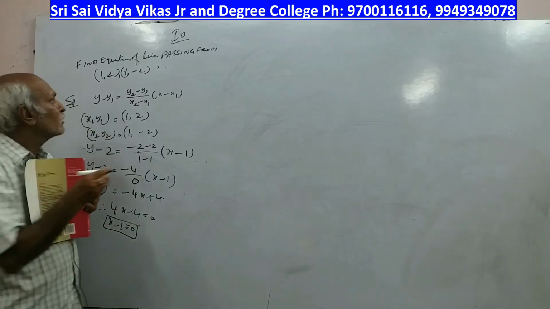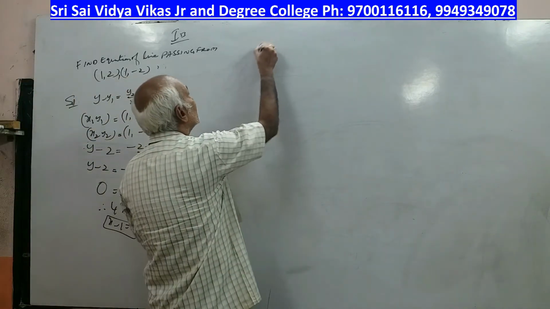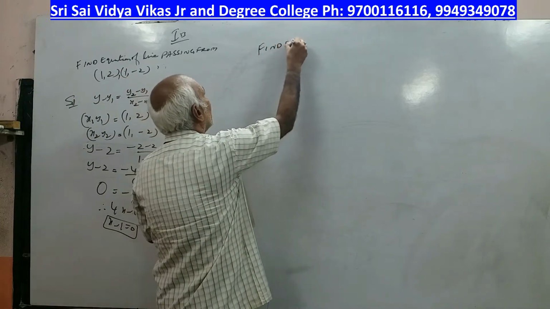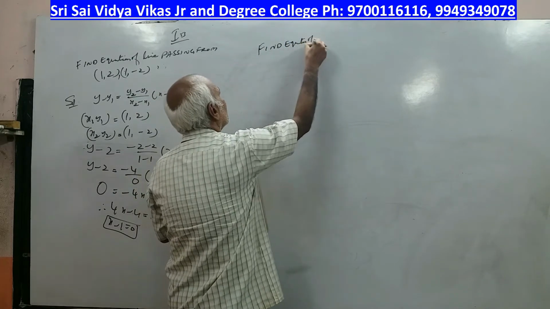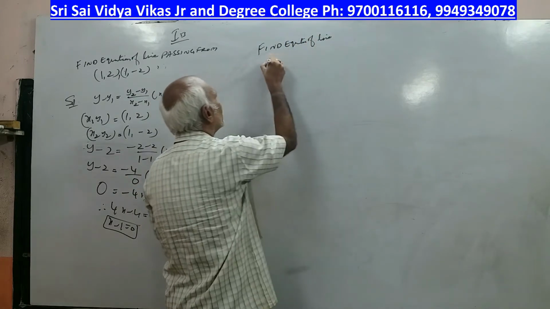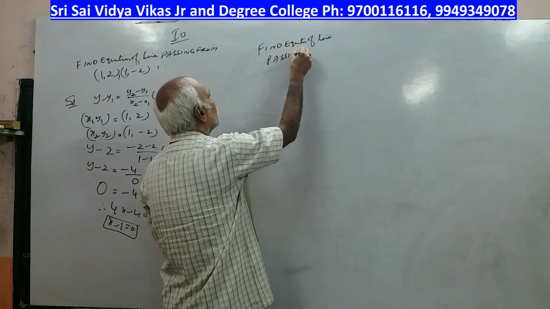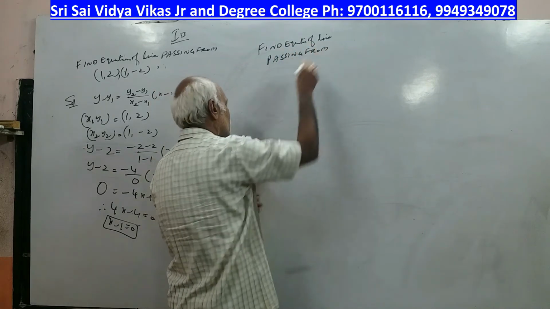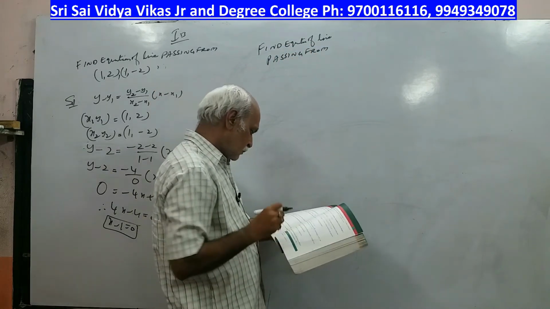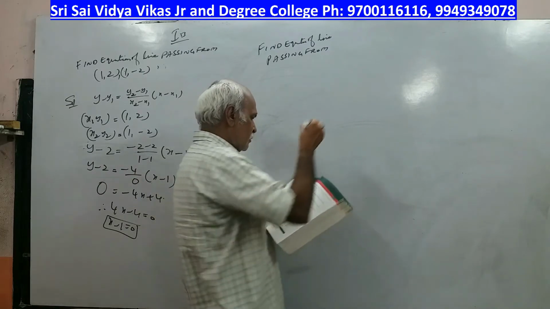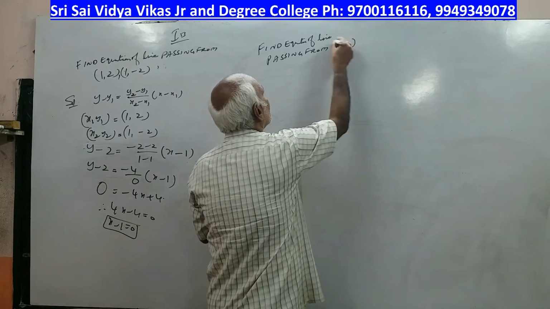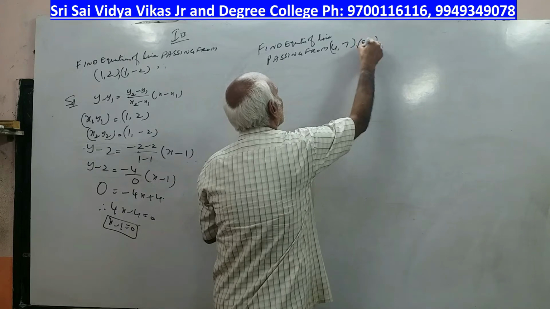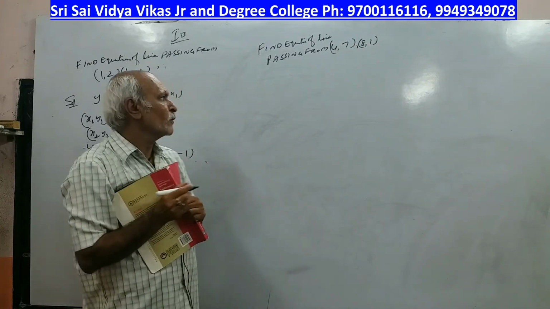Right? Now, next problem. Find the equation of the line passing from 4 comma 7, 8 comma 1. Right? Now this is the problem. Solution.